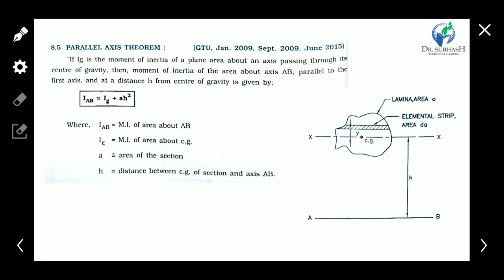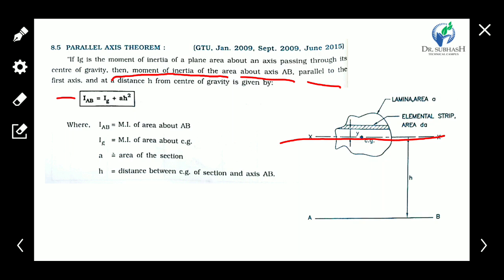So what is Ig? Ig is the moment of inertia about the center of gravity of the given body. Clear? Now, the moment of inertia of this given area about an axis AB, parallel to the first axis, the xx axis of Ig.